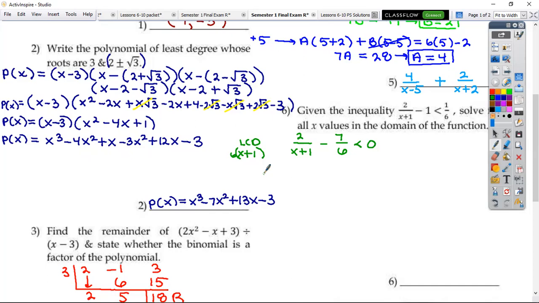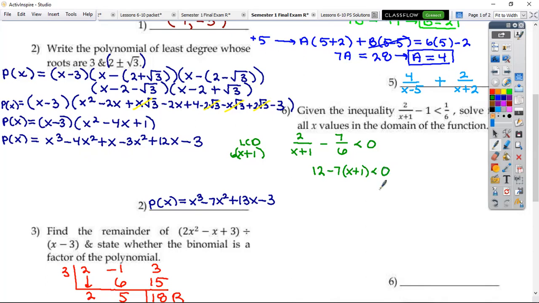So this fraction has the x plus 1. What would it need to get multiplied by? The 6. So 6 times 2 is 12. This one has the 6. It needs the x plus 1. So I'm going to do this. So that takes care of your numerator.